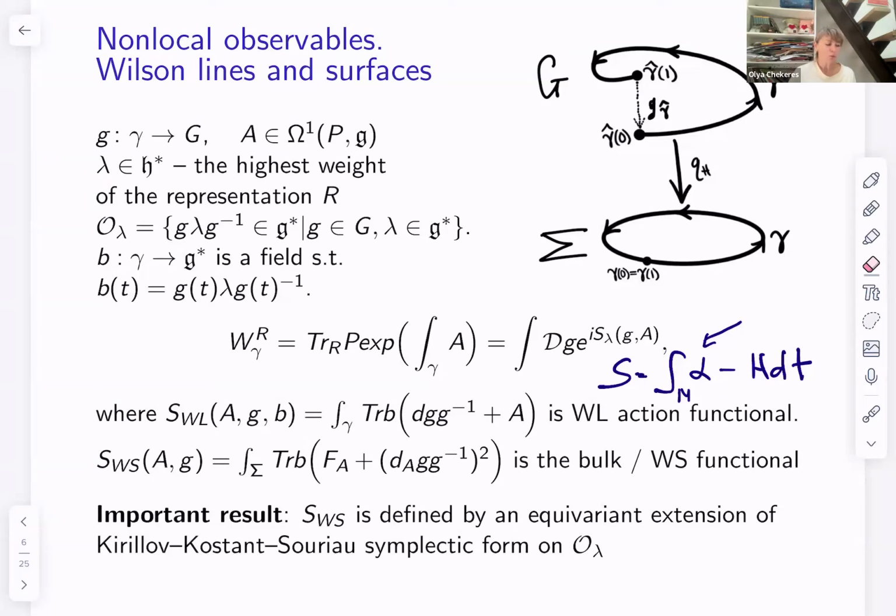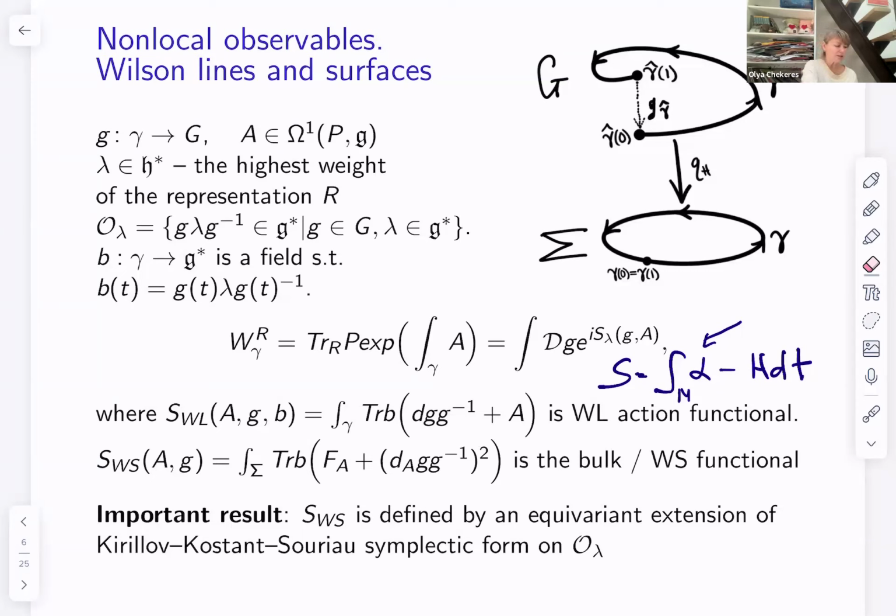And we thought, okay, what if we just, by Stokes' theorem, take an open surface for the moment, and then we get an integral corresponding to the bulk, to a surface enclosed into the Wilson line. So we did that.